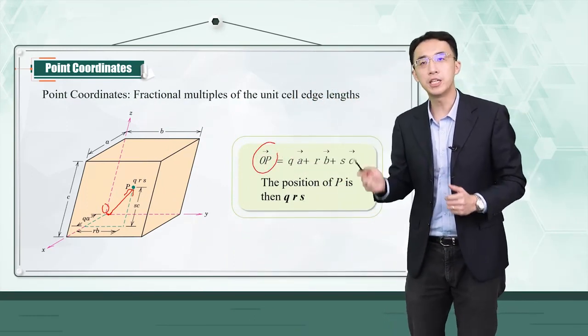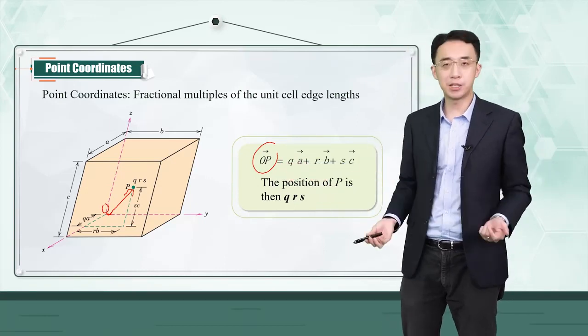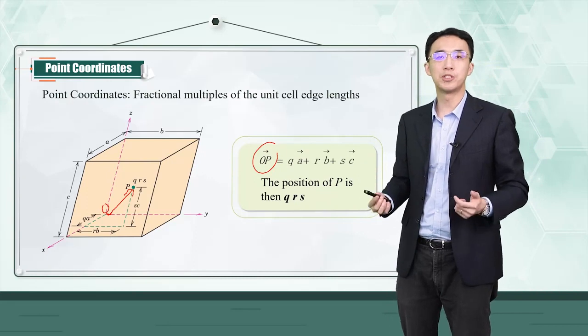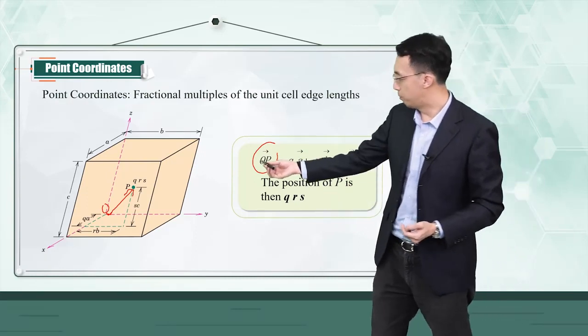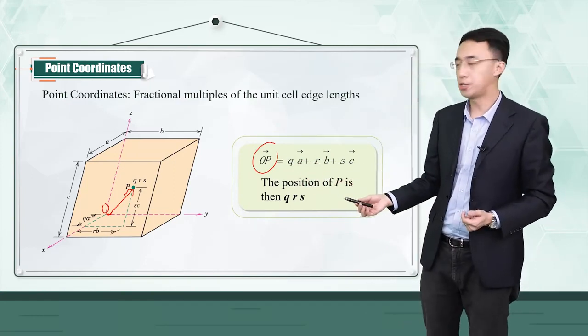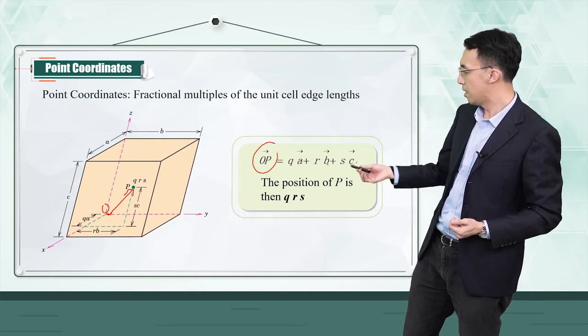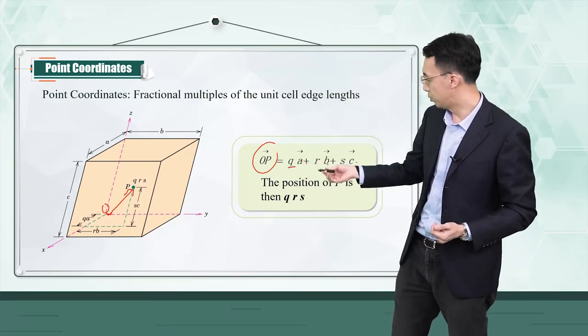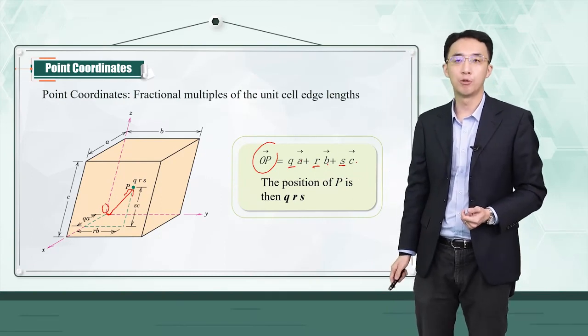Then you decompose this OP vector into the directions of your unit cell edges. Essentially, you write the OP vector as a combination of your unit cell lengths A, B, and C, and the coefficients Q, R, and S will be the indices of your position P.